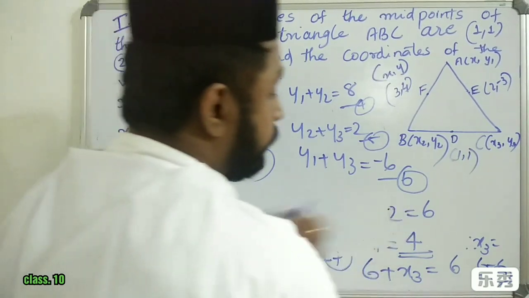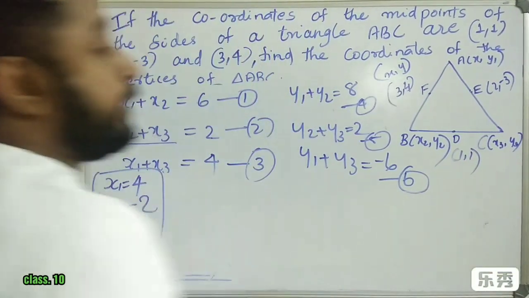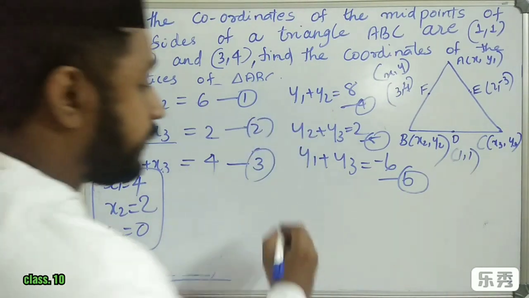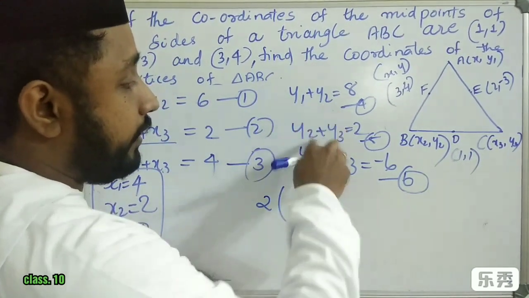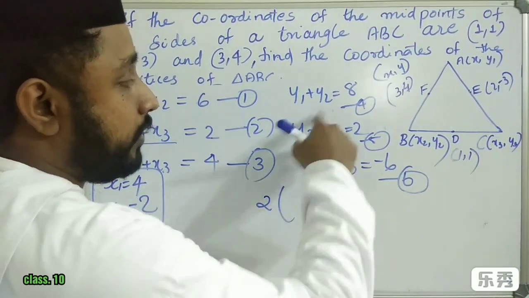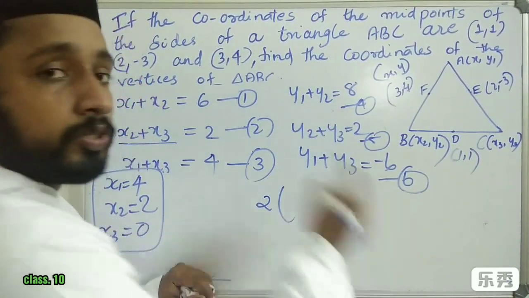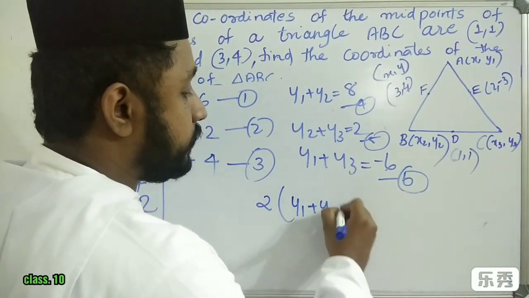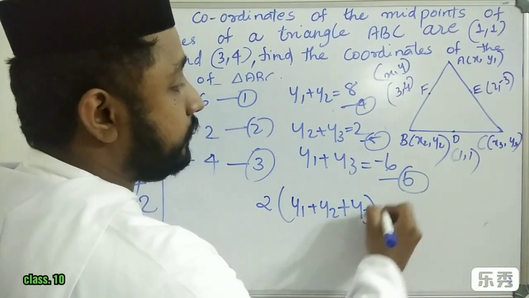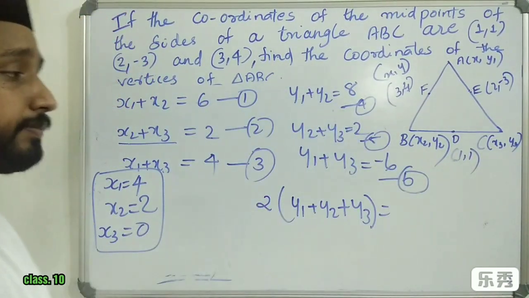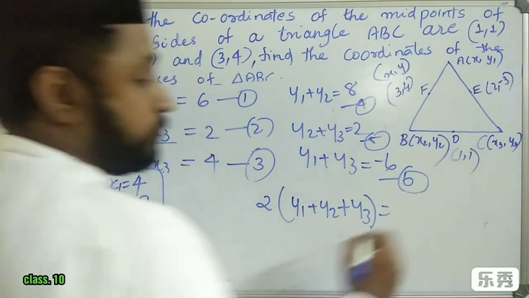Now we can solve equations 4, 5 and 6. Adding, we will get 2y1, y1 plus y1, 2y2, y2 plus y2, 2y3, y3 plus y3, 2 taking outside, 2 into (y1 + y2 + y3) is equal to 8 plus 2, 10, 10 plus minus 6, that is plus 4.